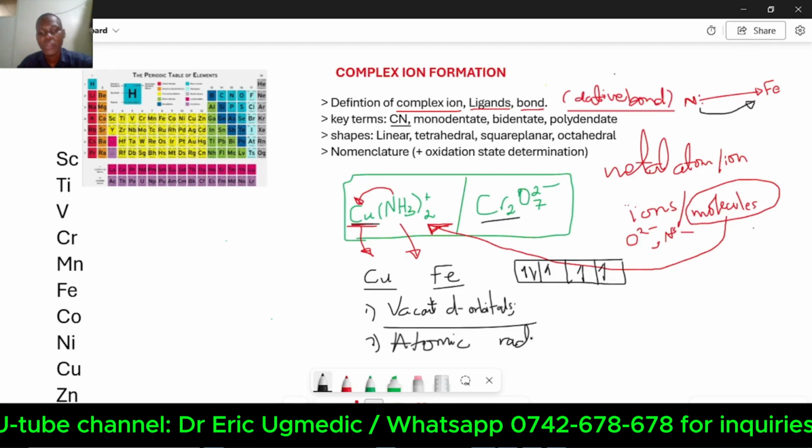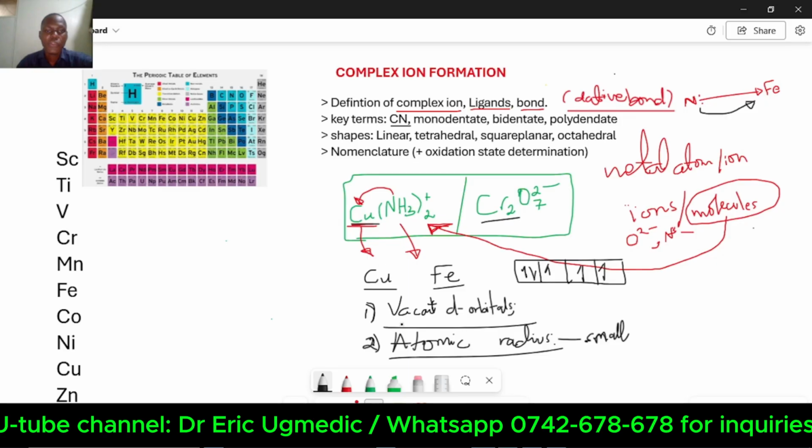When you have a small atomic radius, you can easily attract what comes towards you. So this also contributes. These are the main points, but they are not the only ones. There can also be others, but always remember these two.